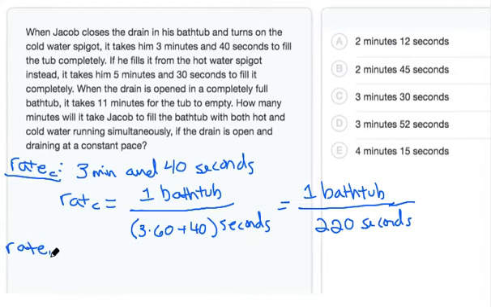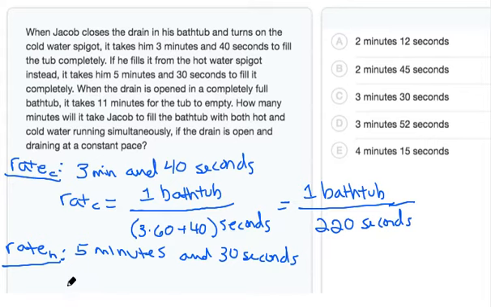So let's call that rate sub H, and we're going to do a similar thing that we did before. From the question, we're told that the time to fill 1 bathtub with hot water is 5 minutes and 30 seconds. To set up a rate of bathtubs per second, we're going to find the rate sub H and set it up a similar way.